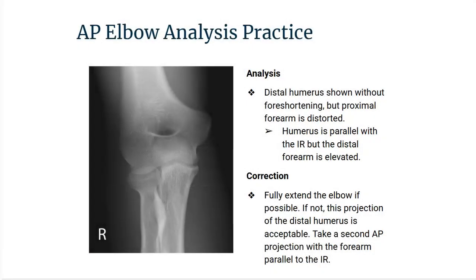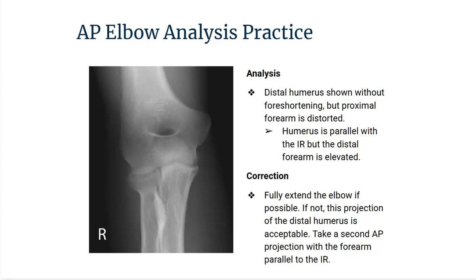In addition, the articulating surface of the radial head is seen partially on end. In order to correct this imaging error, we need to fully extend the elbow if possible and take a second projection with the forearm parallel to the IR.